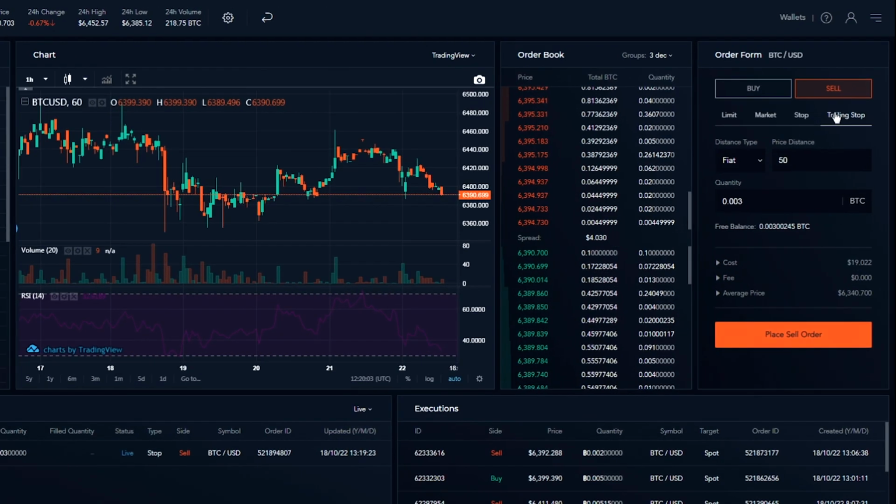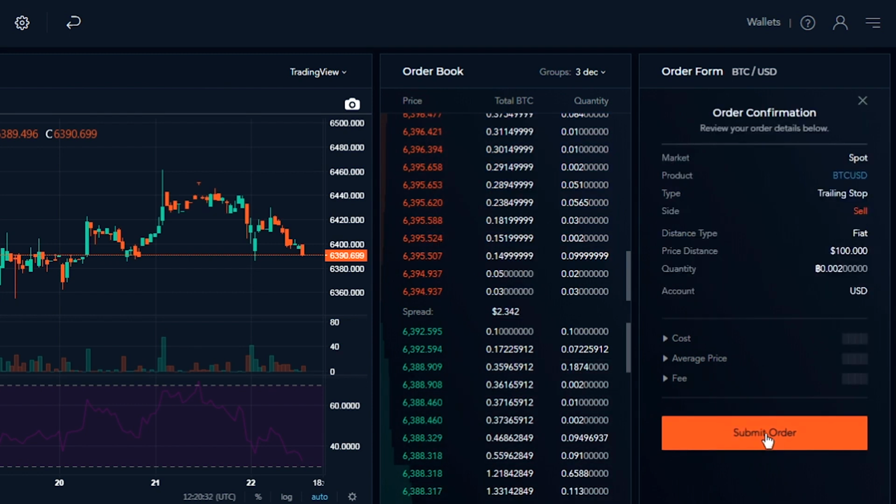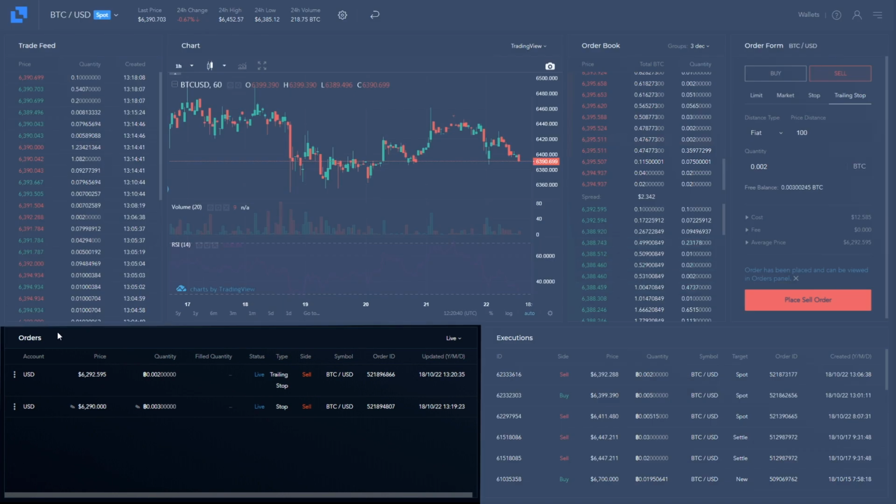In the order form, choose Trailing Stop and select whether you want to buy or sell. We are going to set a trailing stop to sell BTC. Select the distance type, either fiat or percentage. Enter the price distance. This is how far the stop order will trail from the market price. Finally, enter the amount and submit the order. You can view the status of your order in the Order tab below.